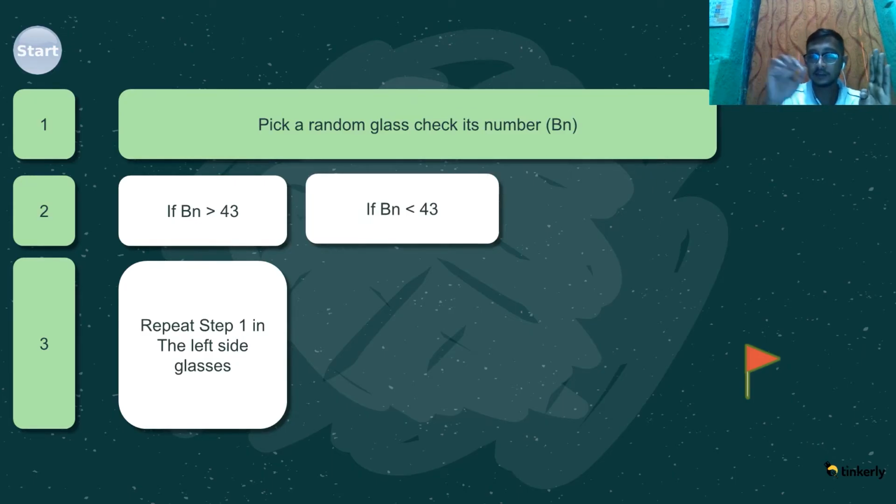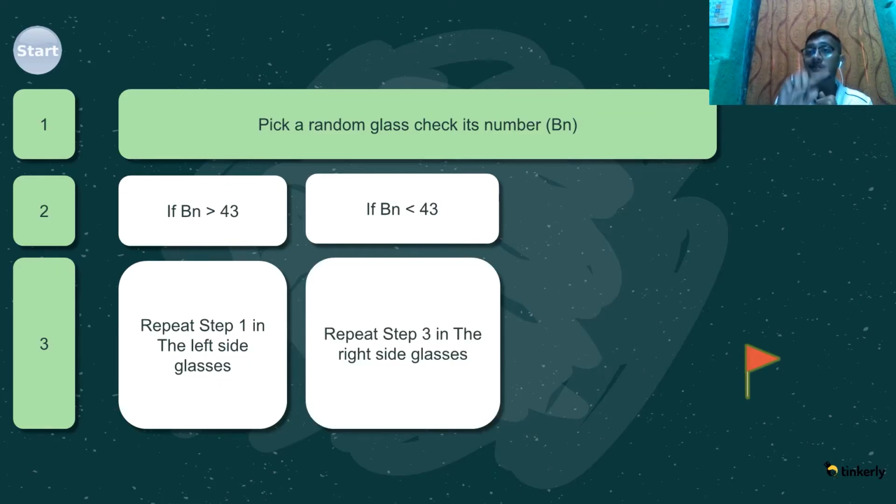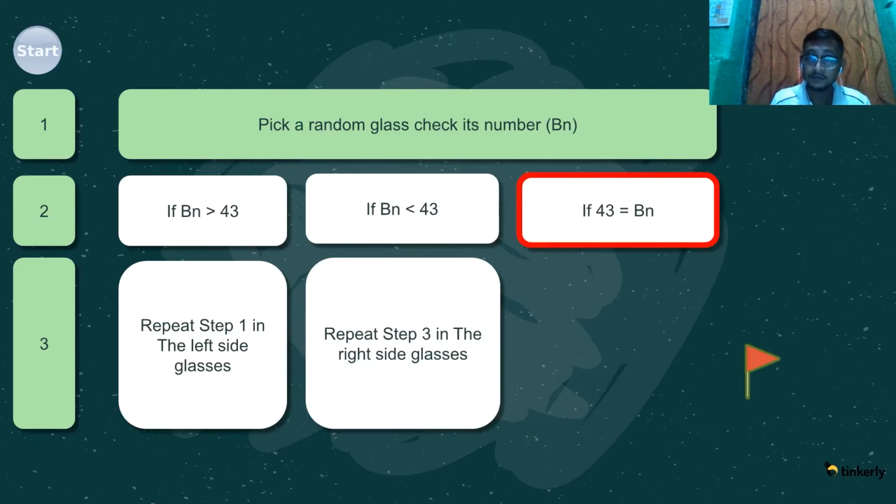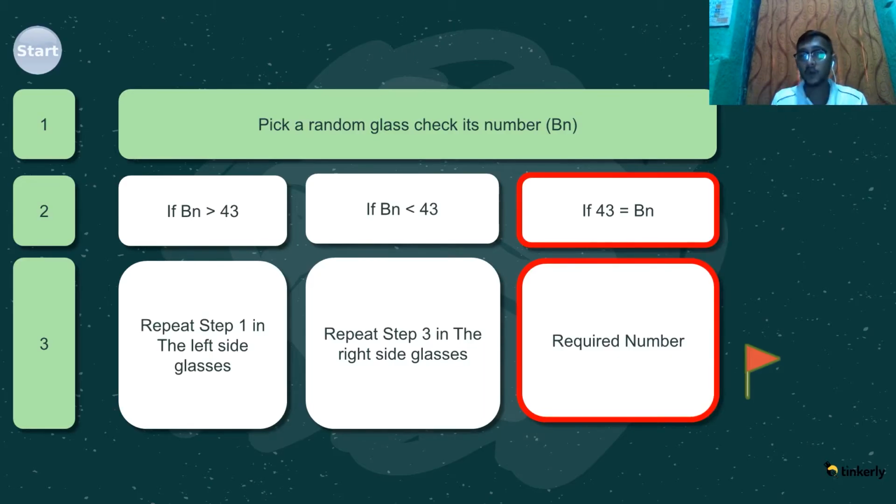Then if that number is greater than 43, again repeat step 1 in the right side of the glasses. In which glass? That new one, not the first one. Then if the number equals 43, the required number, you got your number, so you finish. So this is the algorithm.